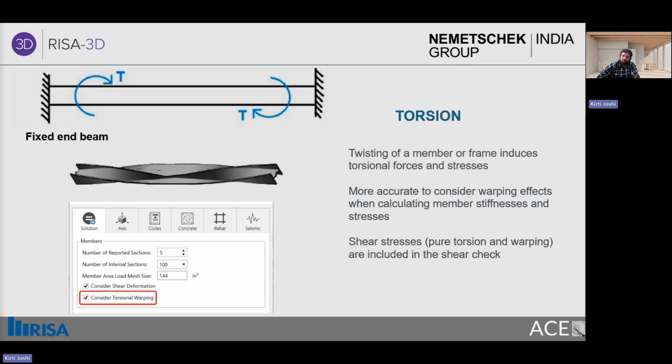The pure torsion and the warping are also included in the shear check within the results, and the warping normal stress is also added to the weak axis. We'll also take a look at the torsional behavior in the model video in the next slide.